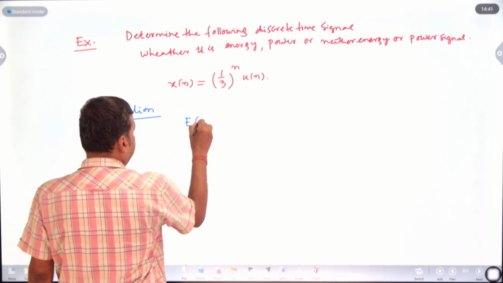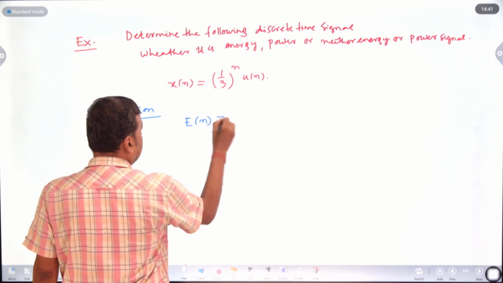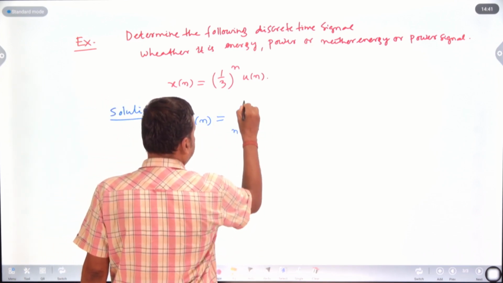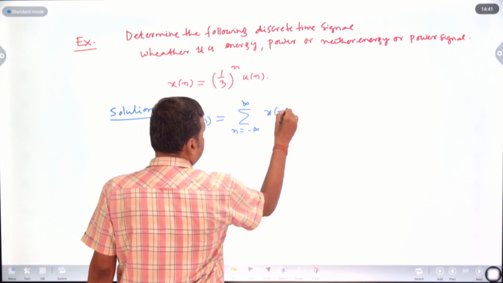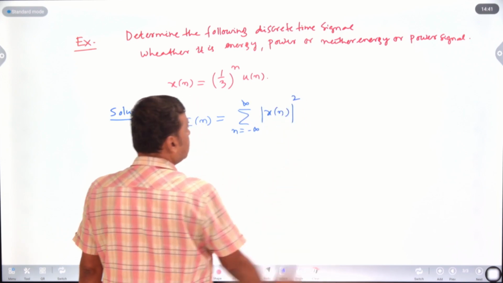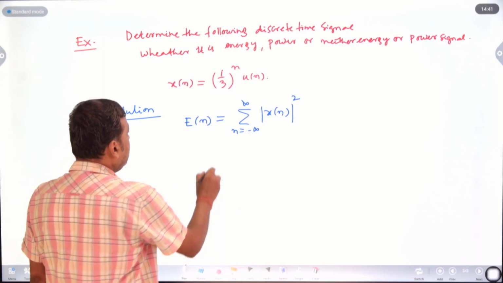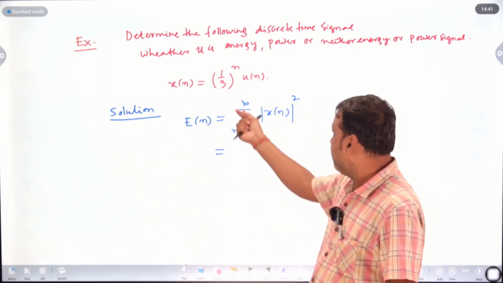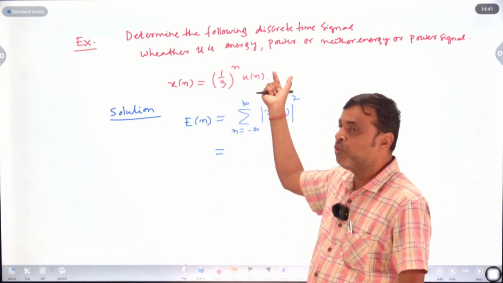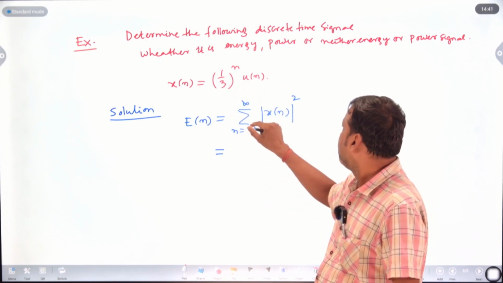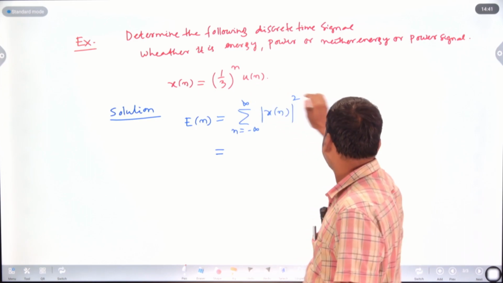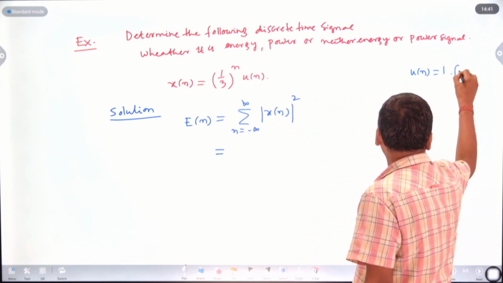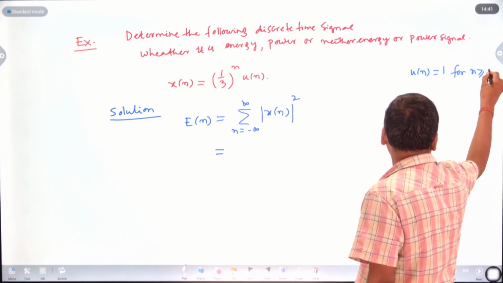So the energy E of a discrete signal x of n can be defined as E equal to the summation from minus infinity to infinity of x of n square. Here u of n means the unit step sequence. u of n equals 1 for n greater than or equal to 0.